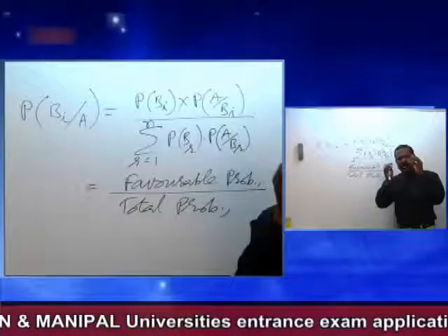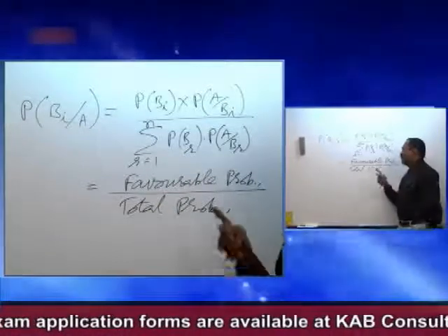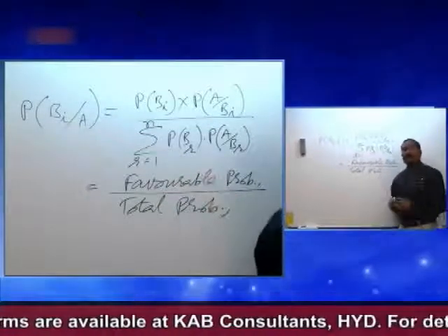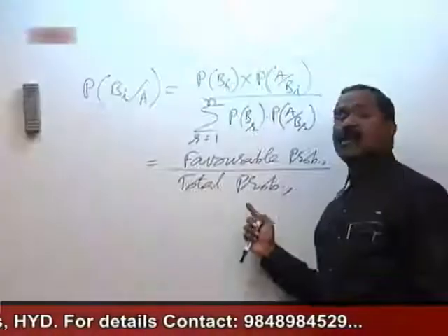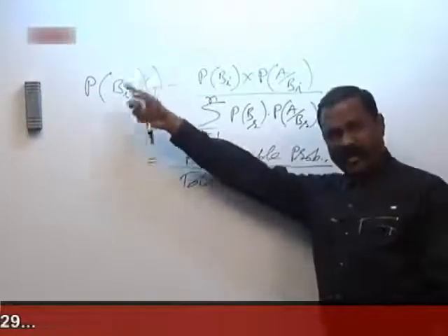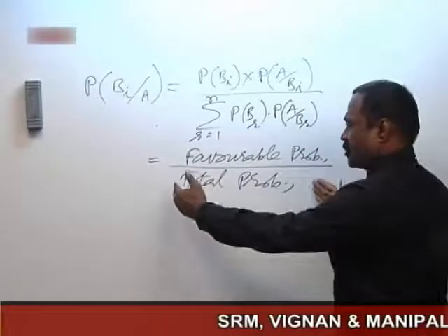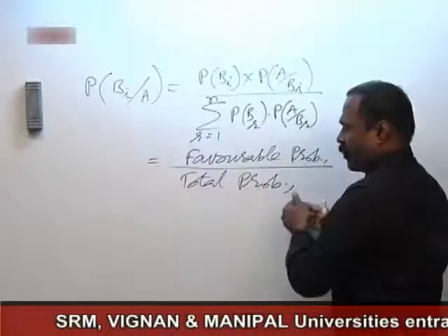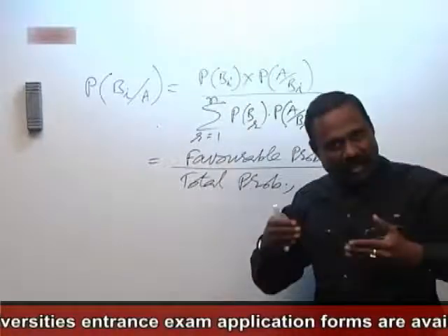So simple, understand it like this. Bayes theorem is defined to be favorable probability divided by total probability. Whenever the case of total probability comes and you need the occurrence of that event with a particular event, then you have to make use of this. This is nothing but the total probability. From this total probability, we take the favorable probability which is required to us.